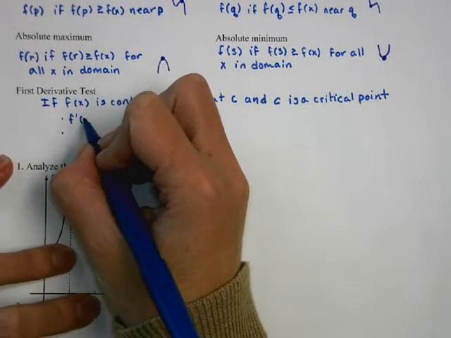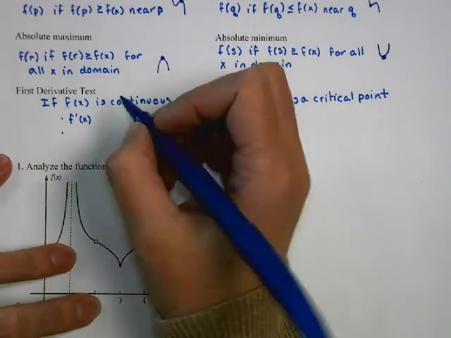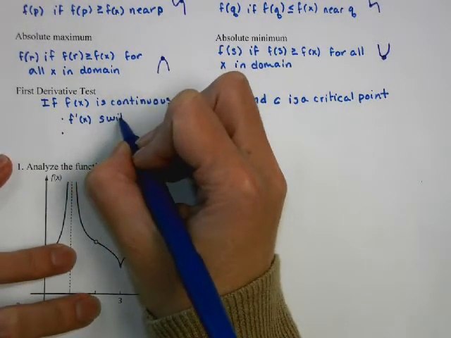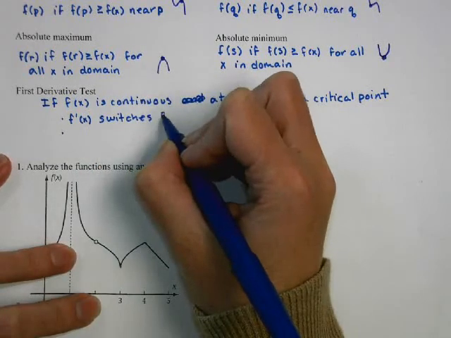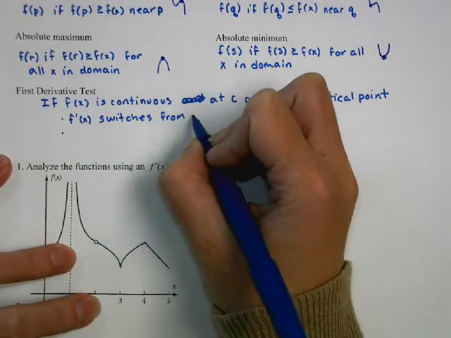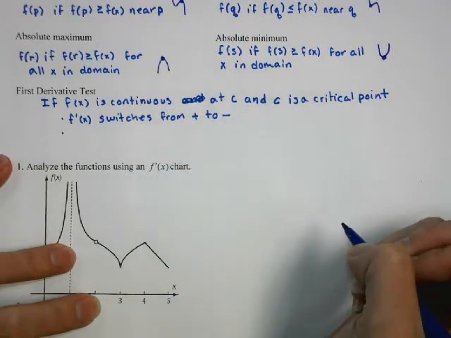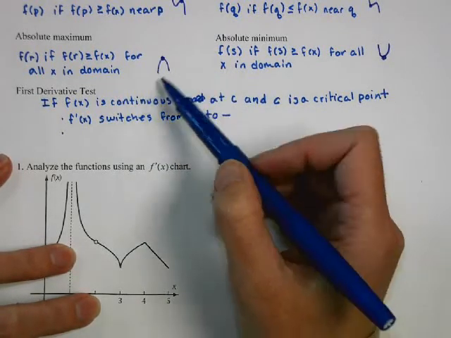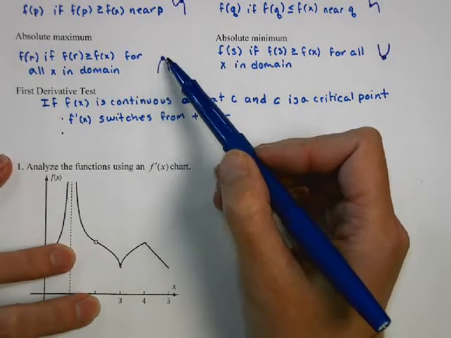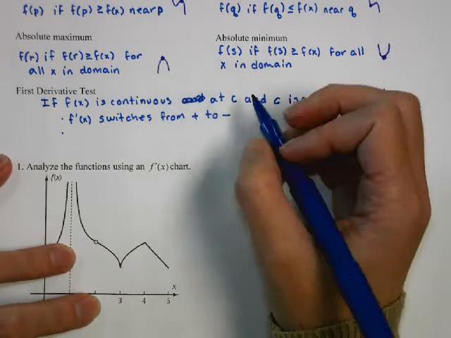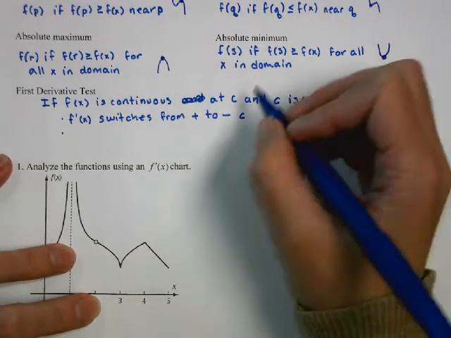If f prime of x, so if the derivative switches from positive to negative. Okay, so picture a graph. If it goes up and then back down, that means that there is a maximum at that spot.